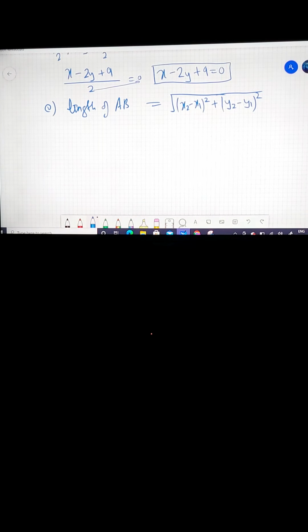So if the question was, let us say, we want to now find the length of AB, for that the formula is: the length of AB would be equal to the square root of (x2 minus x1) squared plus (y2 minus y1) squared. And the coordinates of A and B are (-3, 8) and (2, -2). I am taking the first as x1, y1 and the second as x2, y2.